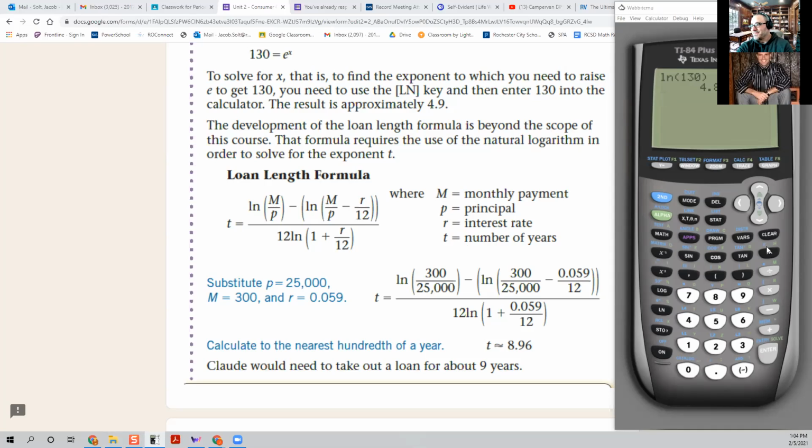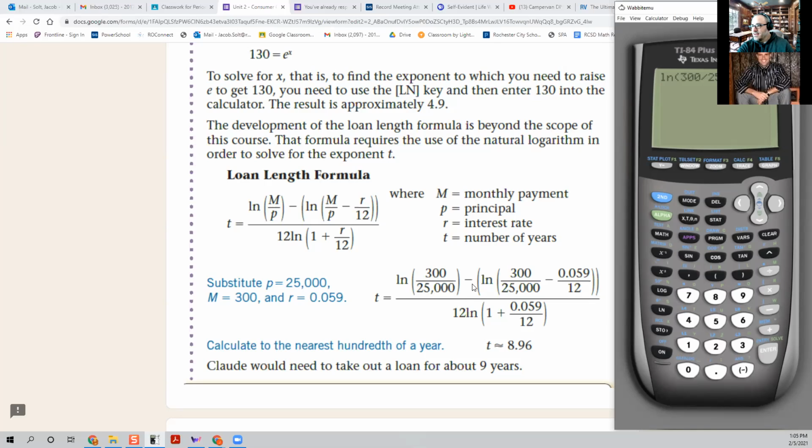So here's how it goes. Are you ready? Anybody excited? All right, here I go. I'm going to find out how long it's going to take for Claude to pay off a loan. So it's going to be the natural log of 300 divided by 25,000. 300 is his monthly payment that he wants to pay. 25,000 is the principal that he wants to borrow. I'm closing the parentheses just like it says.